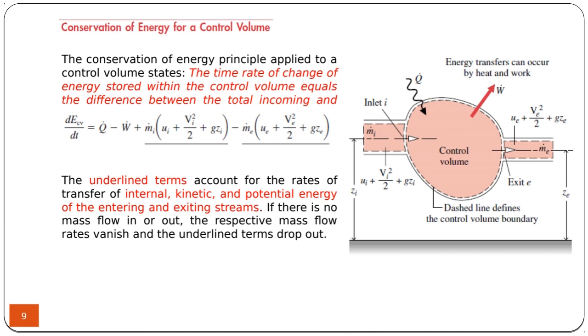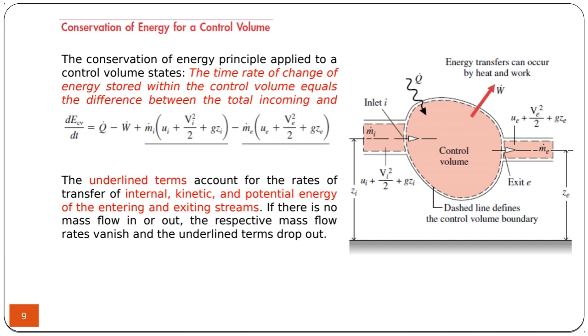And we have a similar situation for the energy flow in and out of the system. So suppose that we have a control volume like this, an open system. A mass flow rate of m dot in comes in, another mass flow rate of m dot exit is leaving.